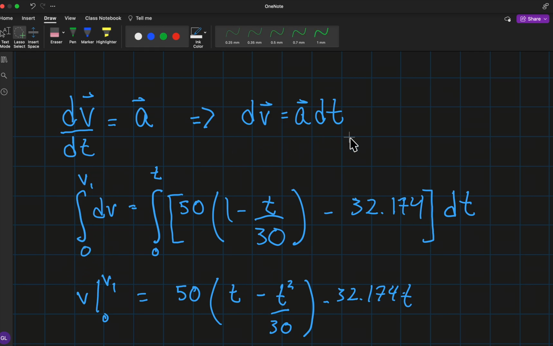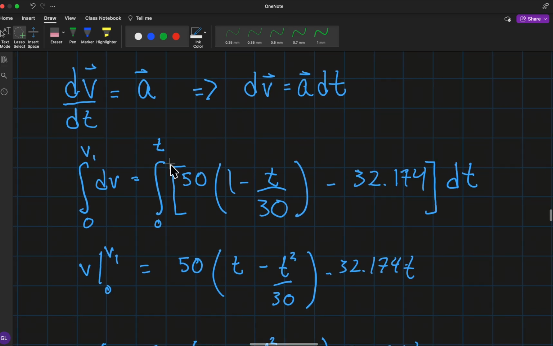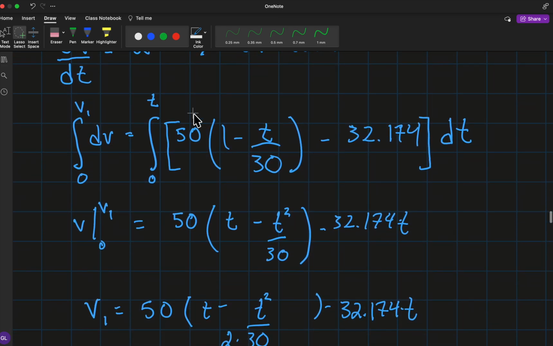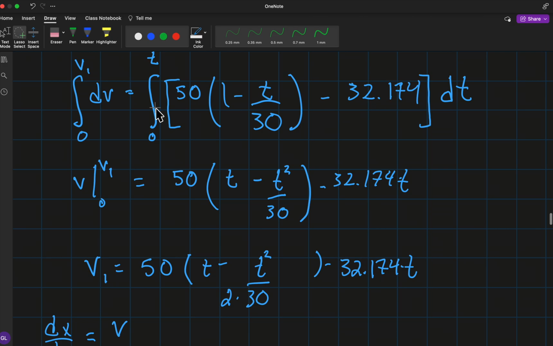Now when we integrate on the other side, we're integrating the acceleration with respect to time. We're adding up all those little accelerations from 0 time to some amount of time t. And this is technically bad notation in math, but who cares? We can get away with it here.